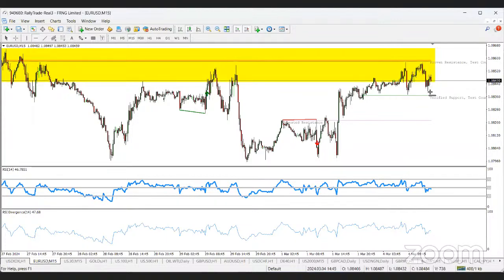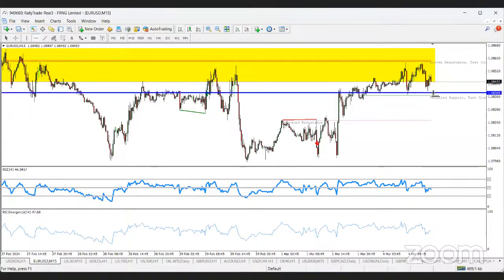If you're selling Euro USD, you can even look at scalping from where it is now, at least to sell to around 1.08380. You can sell from where price is right now to 1.08380. That's around 7 pips from current price.